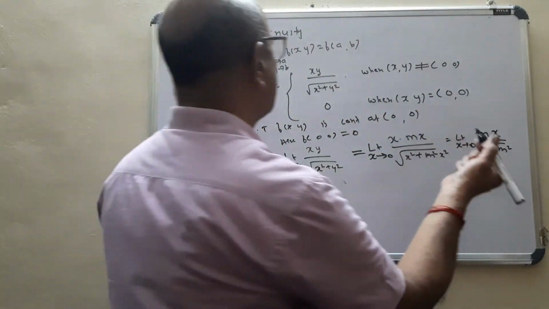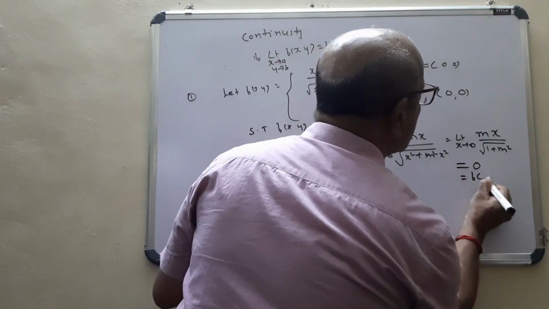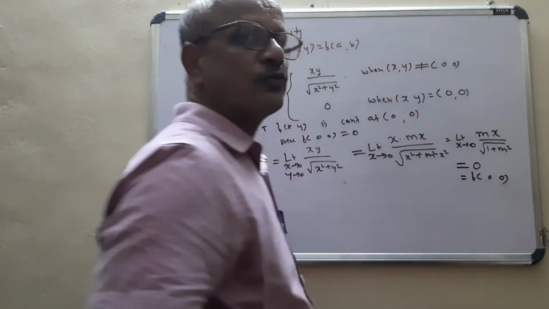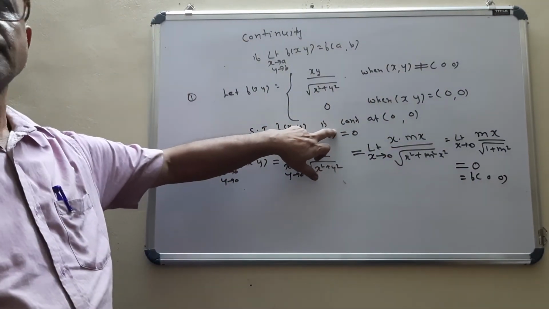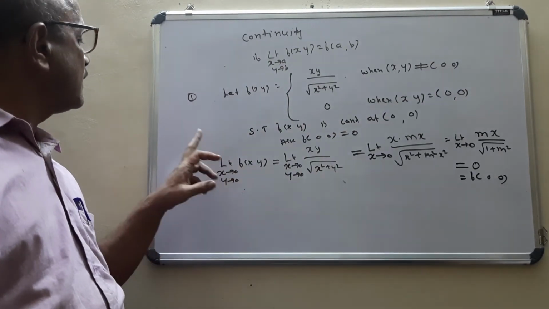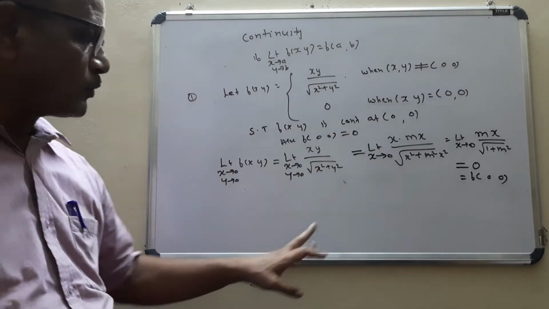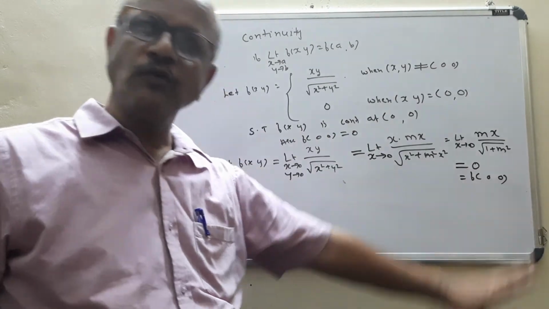Now we know that f of 0, 0 is also 0, because this is already given here. So the limit of the function at x is equal to 0, y is equal to 0 is equal to the value of the function.